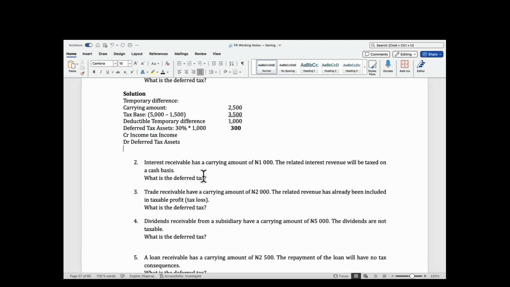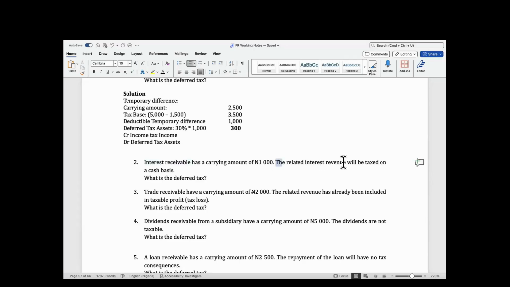Now, in this case, they are talking about not a machine anymore, but interest receivable. When you have interest receivable, we are talking about an interest that you have not received, but which you will receive. The interest receivable amount, they told us, in our books is 1,000.